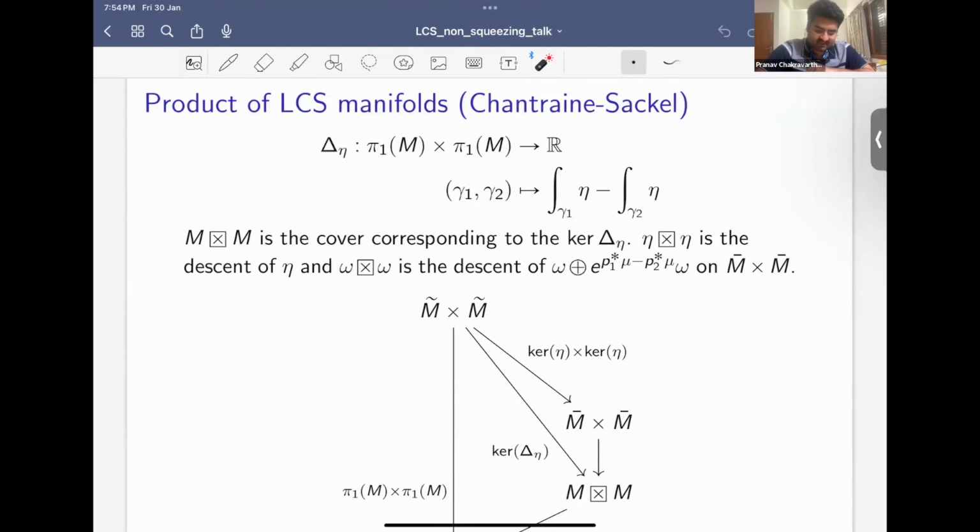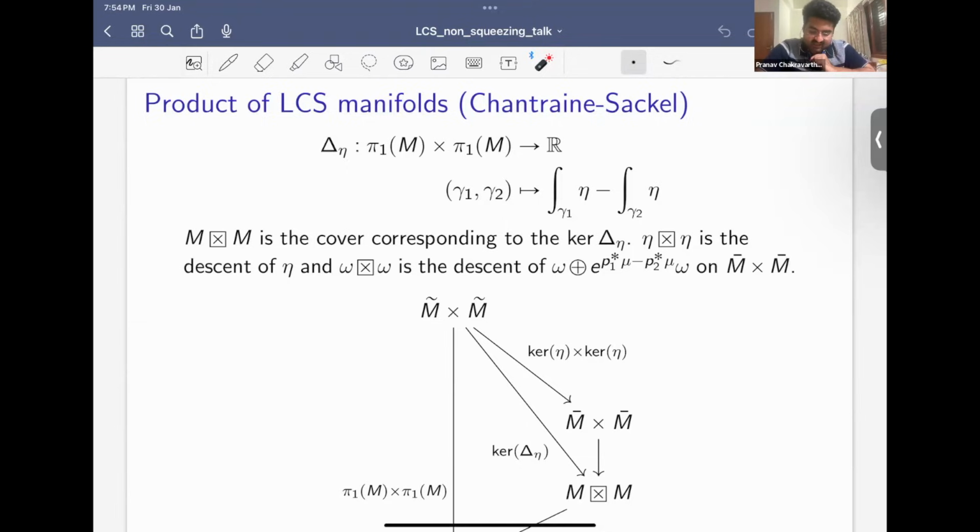So you take the fundamental group of M cross the fundamental group of M, and you construct a morphism which sends gamma 1 comma gamma 2 to the integral of eta on gamma 1 minus the integral of eta on gamma 2. And the kernel of this morphism is a normal subgroup, and I look at the covering space corresponding to this normal subgroup.